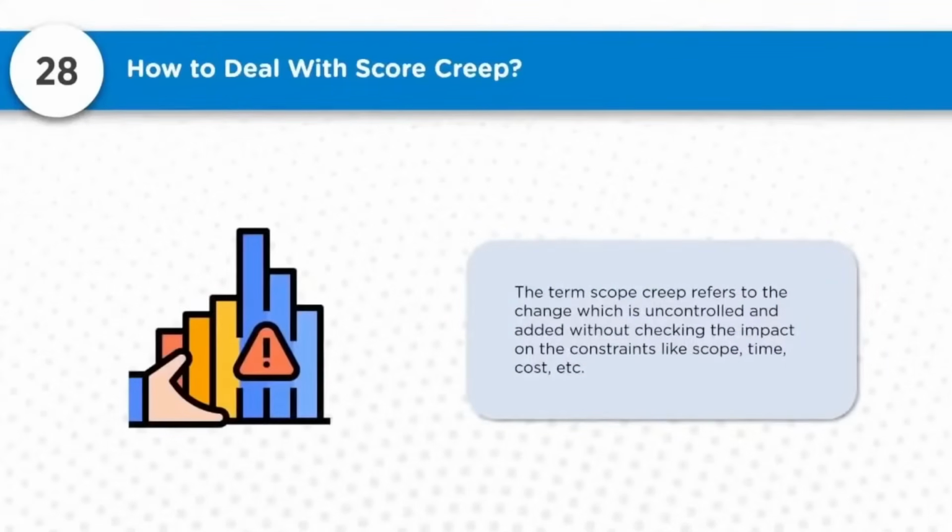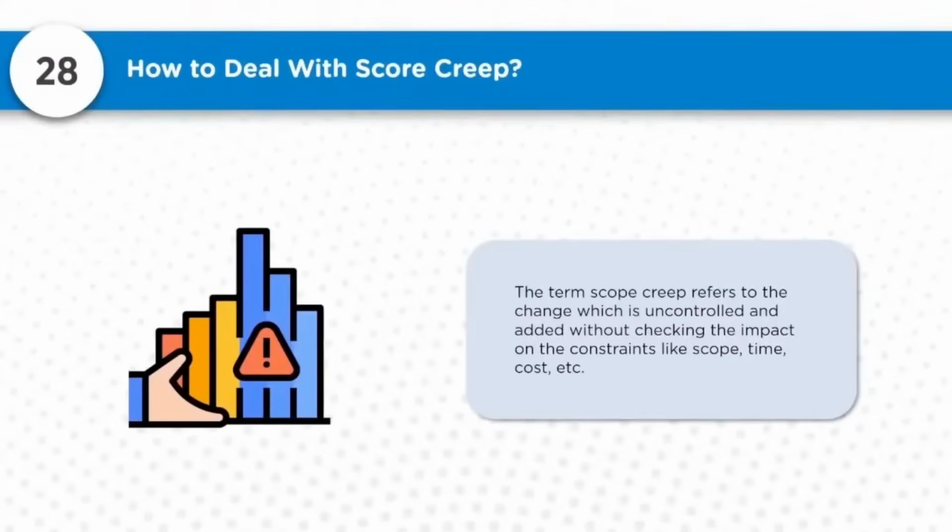Before we understand dealing with scope creep, we need to understand what scope creep is. The term scope creep refers to change which is uncontrolled and added without checking the impact on the constraints like scope, time, costs. What happens is you will be delivering certain features. Now you are forced or influenced, or without your knowledge, some additional things are put in place, which may have an impact later.